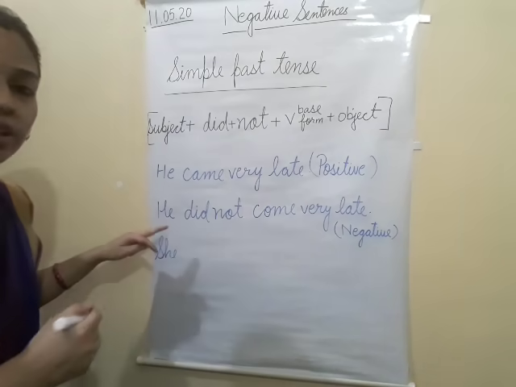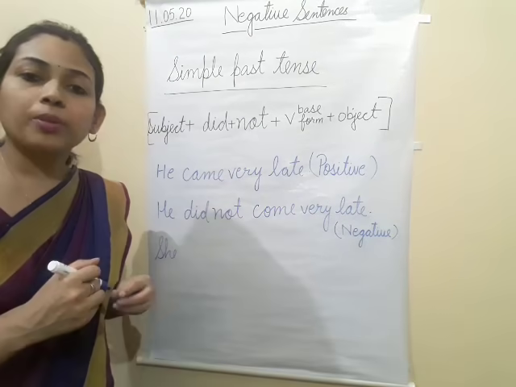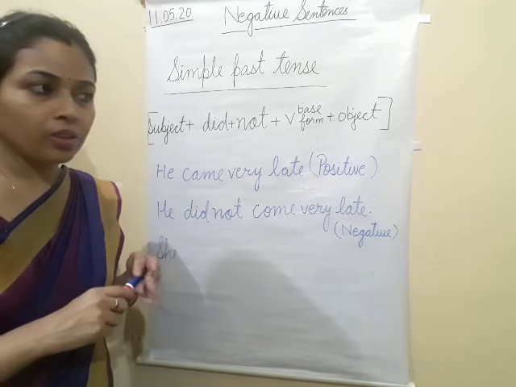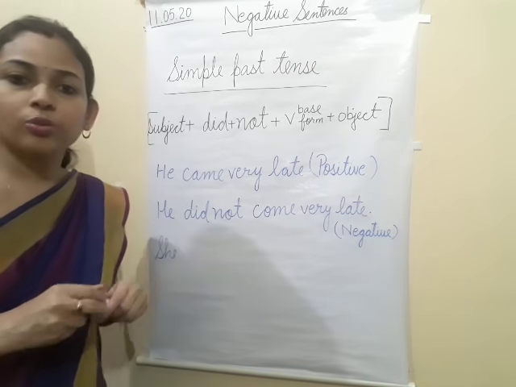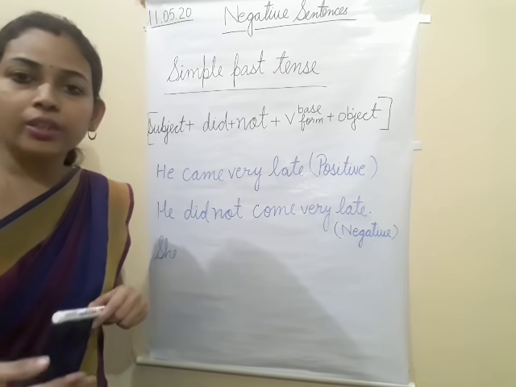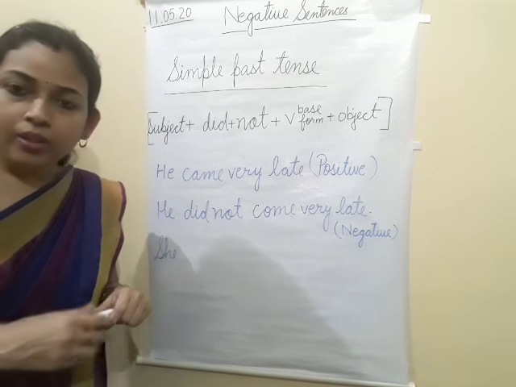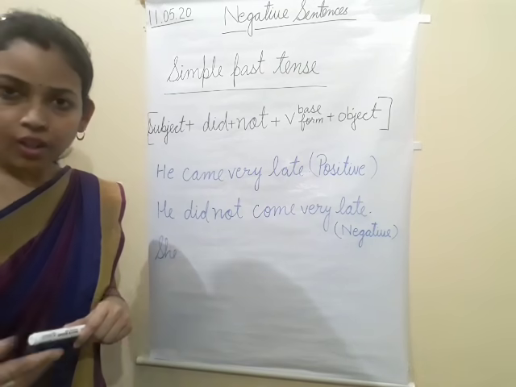In simple present we use do not with I, we, you, they, more than one name, and does not with he, she, it, one name.